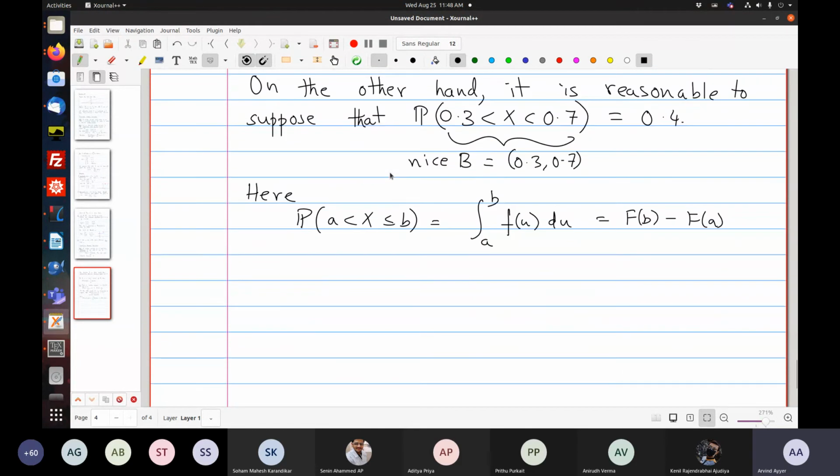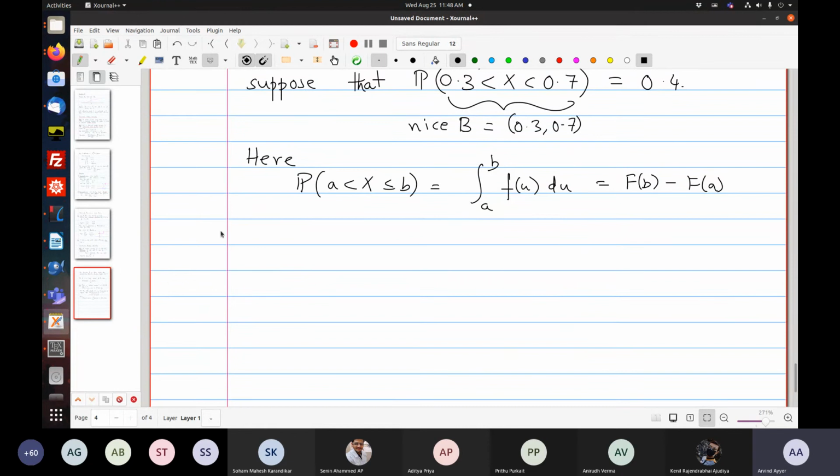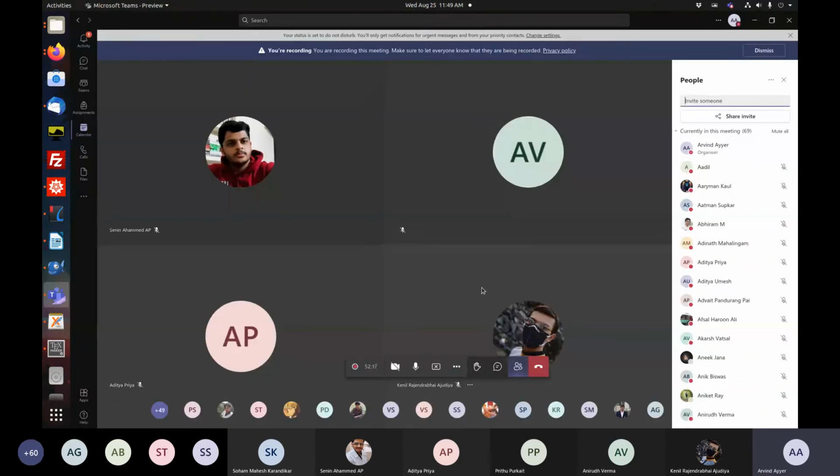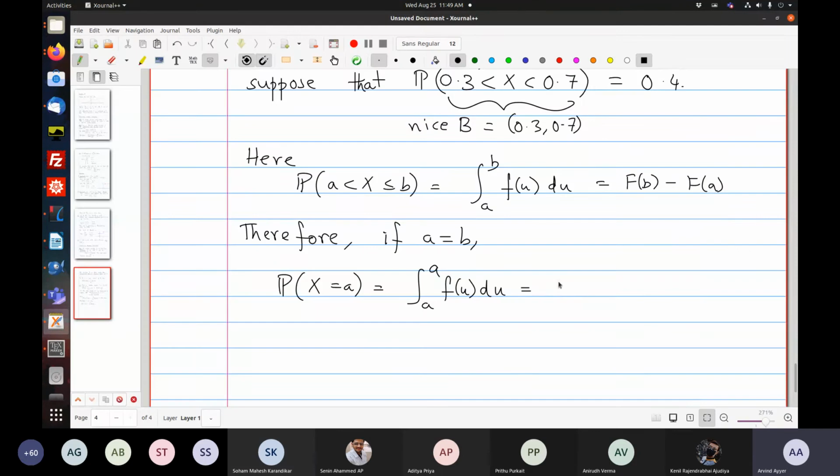Maybe you have already seen such things from 101. Therefore, if A equals B, the probability of X equal to A is going to be the integral from A to A of f(u) du. And what is this? That is 0. This is exactly 0.